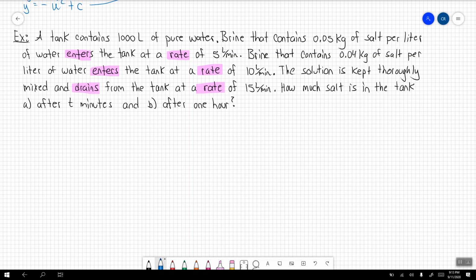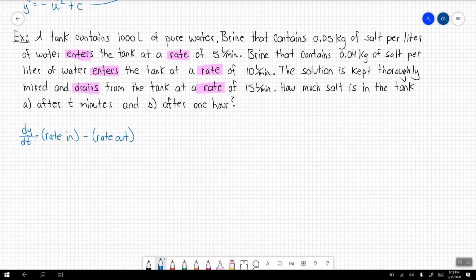So we then want to look at dy dt in terms of the rates that we're looking at. In other words, what is the rate in and what is the rate out?